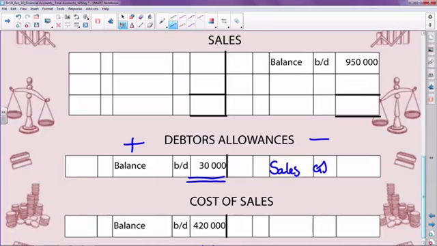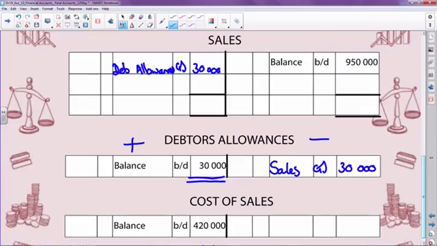Debtors allowances will go down on the credit side, and it's 30,000. Now that's half of step 1. Where do I take it to? Sales. And then I will write GJ, and therefore 30. Now there is step 1 done.